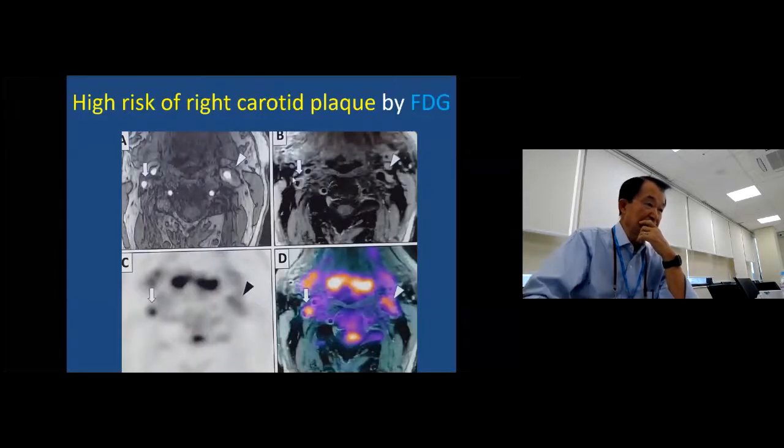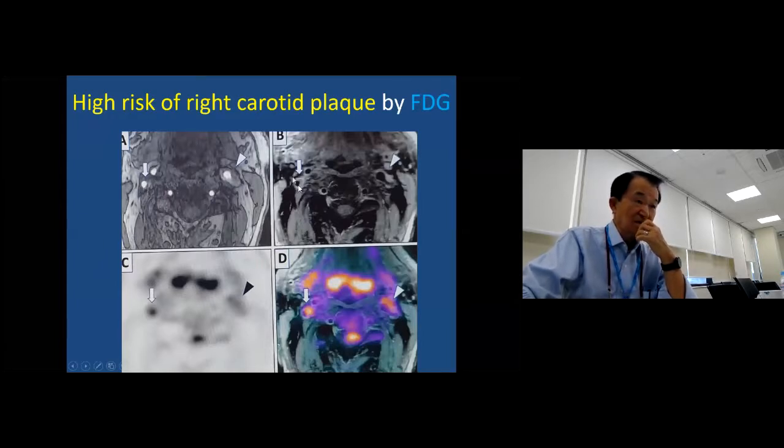And here, right carotid, and on this treatment, it's opened up here. And the FDG accumulating macrophage in inflammatory vascular wall shows here.